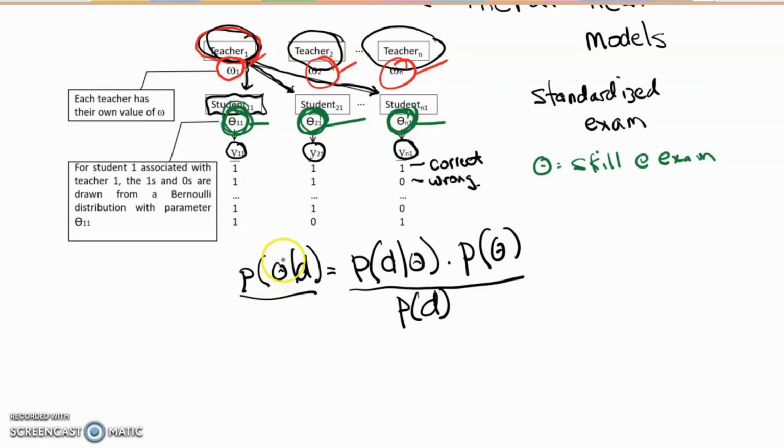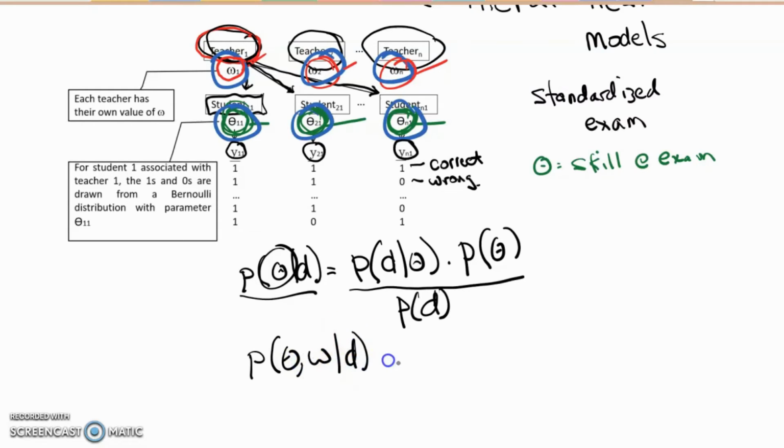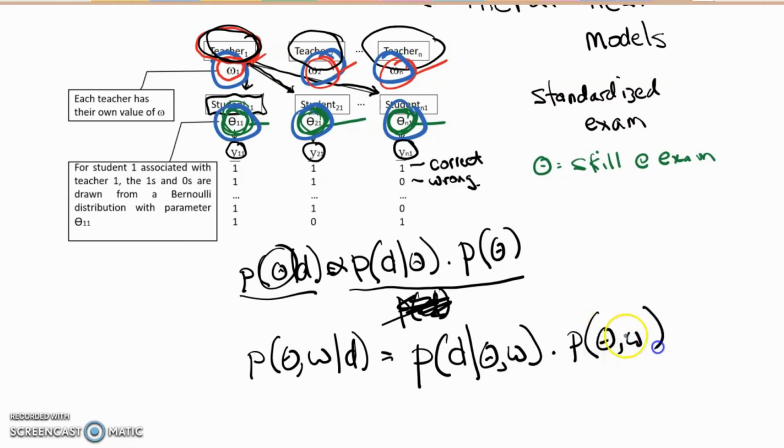Instead of having just theta, now we're concerned with two things, the thetas and the omegas. So now we're interested in the joint posterior distribution of the thetas and the omegas given the data. And I'm going to get rid of this denominator, change this to a proportional sign, and say that that's going to be proportional to the likelihood function, the probability of the data given the joint probabilities of theta and omega, times the prior for theta and omega.